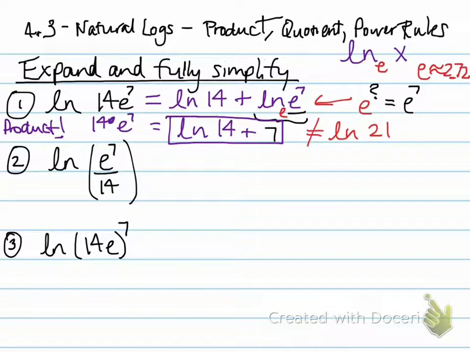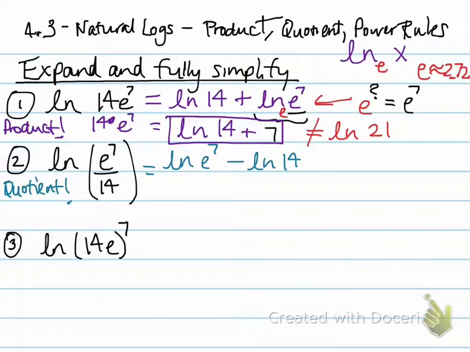Okay, let me switch colors for this next one. Alright, so for number 2, we're taking the natural log of a quotient, e to the 7th divided by 14. So we're going to use the quotient rule. The quotient rule says we can take the natural log of the numerator and subtract the natural log of the denominator.